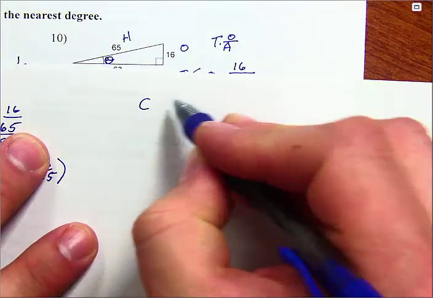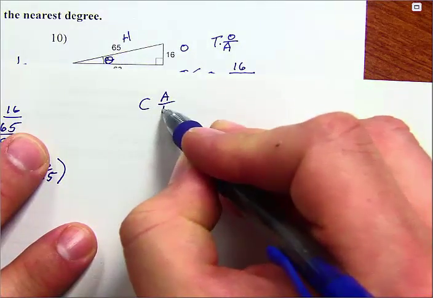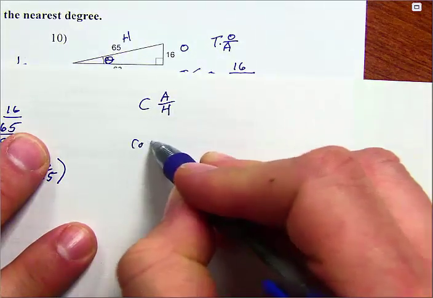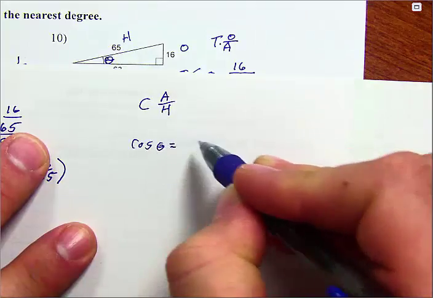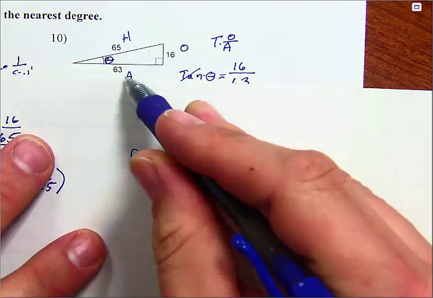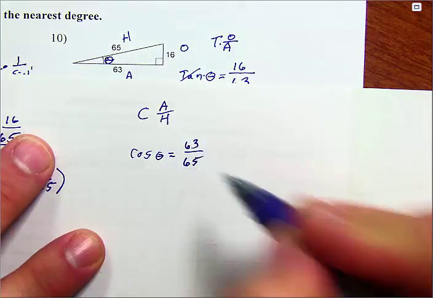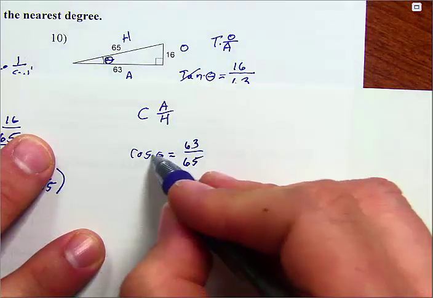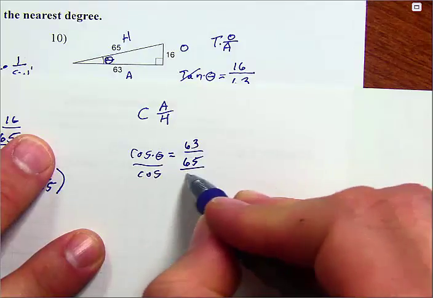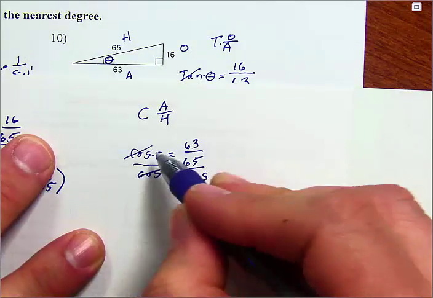Cosine caught another hippie. So cosine of theta would be your adjacent side, 63, over your hypotenuse, 65. The opposite of times cosine is divide by cosine. Cosines cancel.